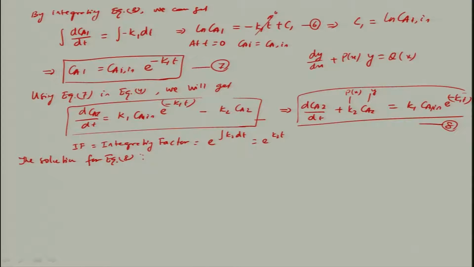what would it be? It will be CA2 e to the power K2 T is equal to the integral of e to the power K2 T times K1 CA1 in, this is the term I am writing now, Q(x), e to the power minus K1 T dt, isn't it?